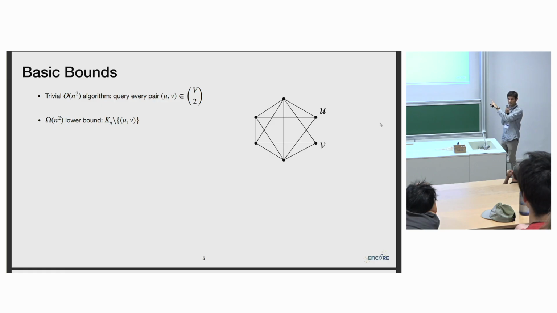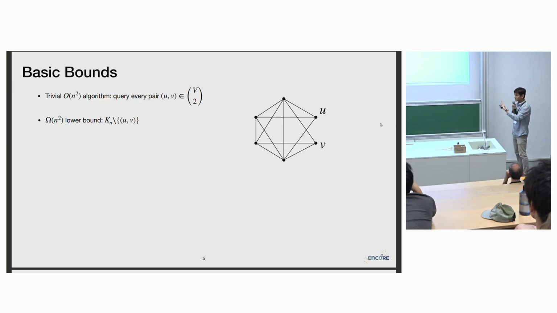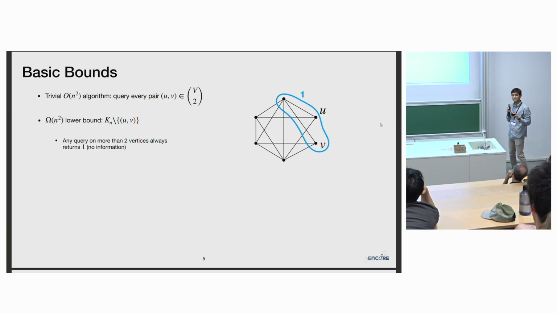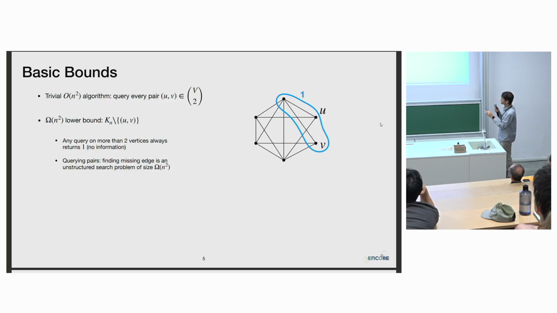If you do not query all n squared edges, you will not be able to distinguish between this graph and the complete graph. You can also show, just by using something like Yao's min-max principle, that even with a randomized algorithm, you cannot do better. So the lower bound is valid.